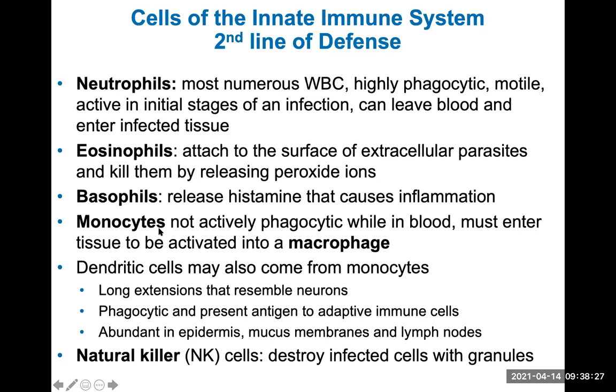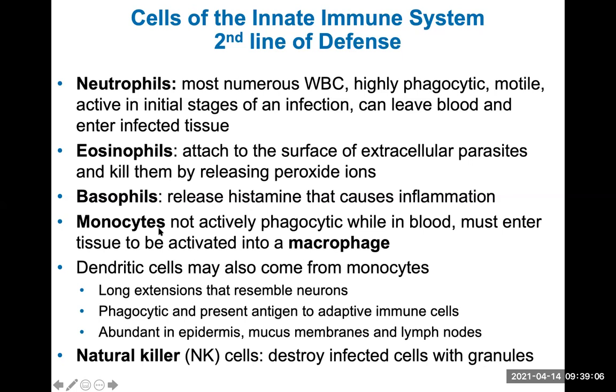They're phagocytic, and in addition to engulfing a pathogen, they can also then, what we say, process the antigen from the pathogen and display it on their MHC self-tag, which helps other immune cells, T and B cells from the adaptive immune system, to know that there's been an invader. And so it plays a very important role in the activation of the adaptive immune system.